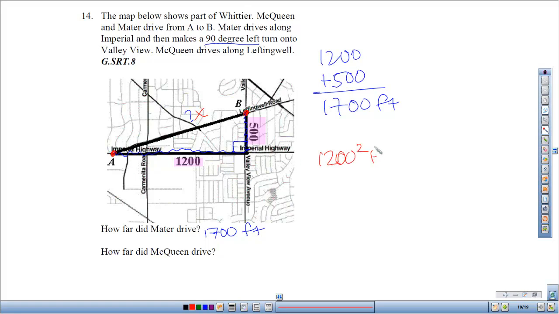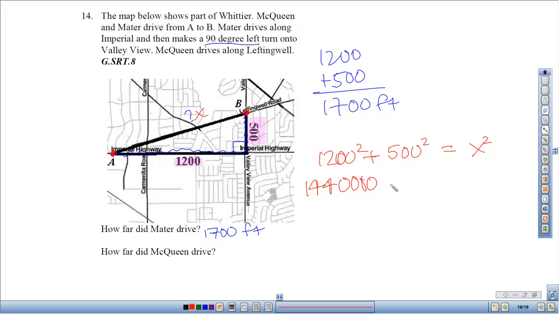So we're going to say leg squared, 1200 squared, plus the other leg squared, 500 squared, is all equal to x squared. 1200 times another 1200 comes out to be 144 and 4 zeros. Of course, you'll have a calculator to work all of this out.